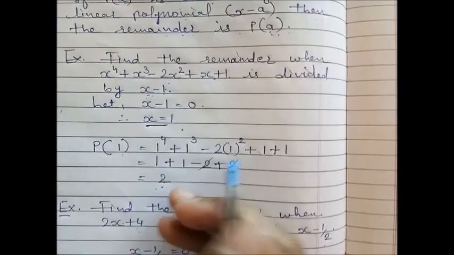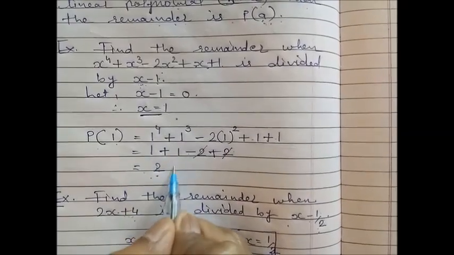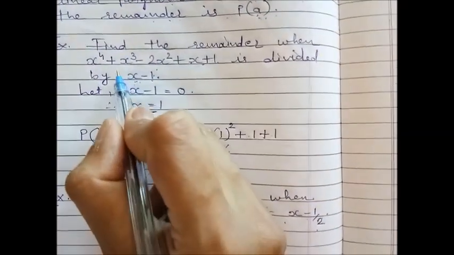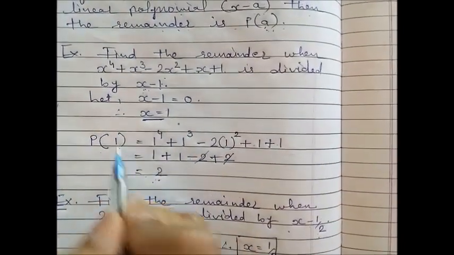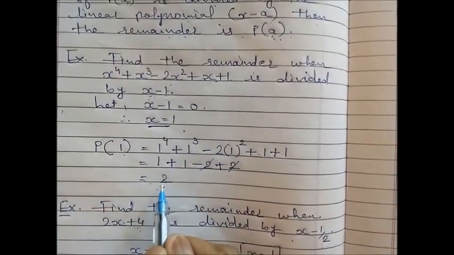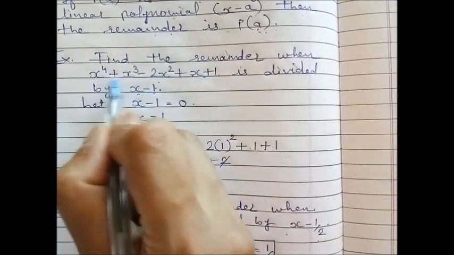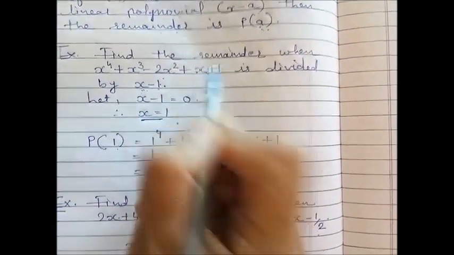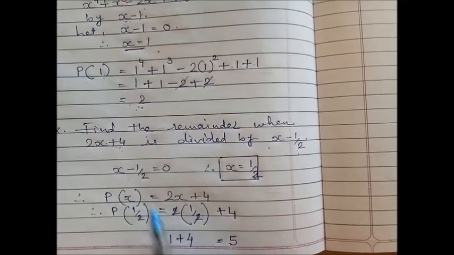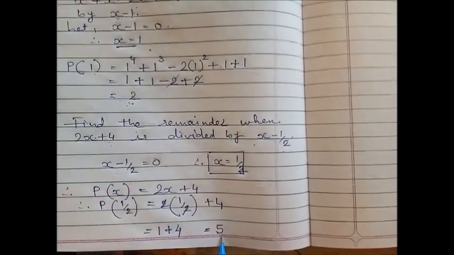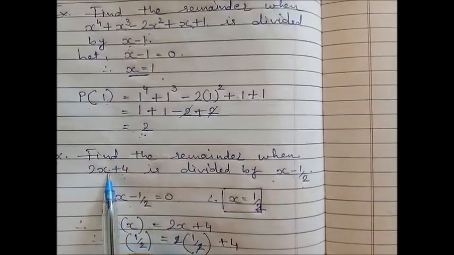Again I will repeat, if this p of a is not equal to 0, then it is not a factor of this polynomial. Suppose this p of 1 comes 0 here, then this x minus 1 becomes a factor of this polynomial, right? Same way for this one. If you are getting the remainder 0 here, then this is a factor of this polynomial, right?